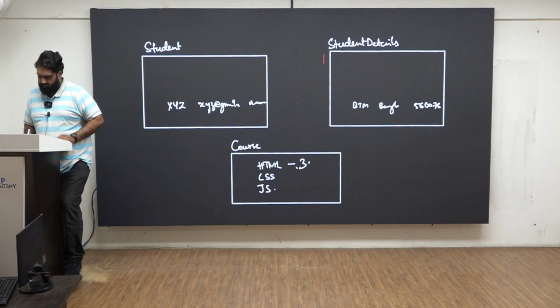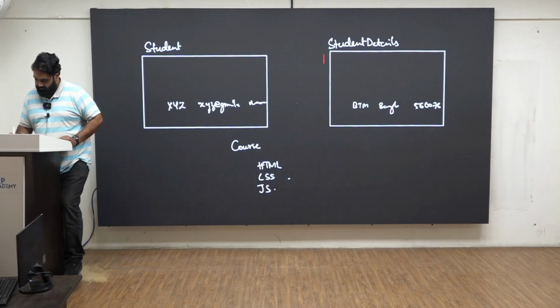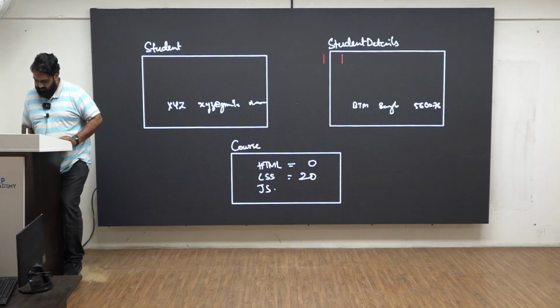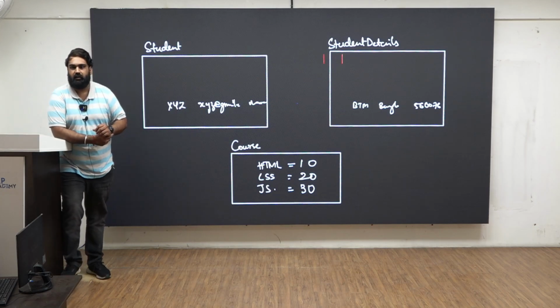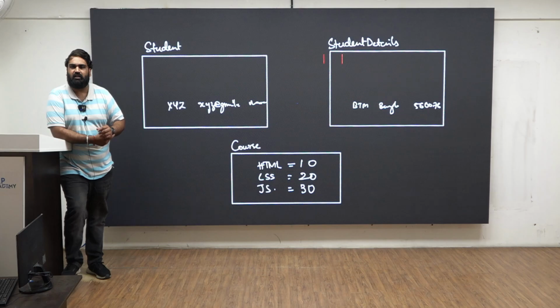Nobody will teach HTML for 30 hours, okay. So 10 hours, 20 hours and 30 hours is what I would mention, right. Let's assume this is the information that I now want to map. I hope you are able to understand what I am thinking about.